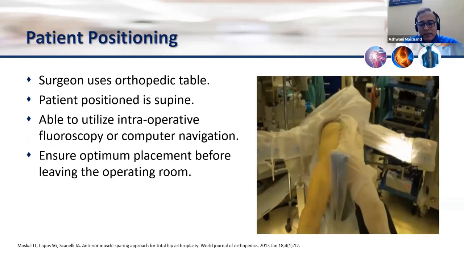One important point that I noticed during the video was that the opposite limb was placed and supported on a Mayo's table or something like that. The important point about that is that it doesn't allow your spine to hyperextend. When you keep the opposite limb supported, it keeps your spine neutral. So that doesn't change your cup position. So that was a very important point.